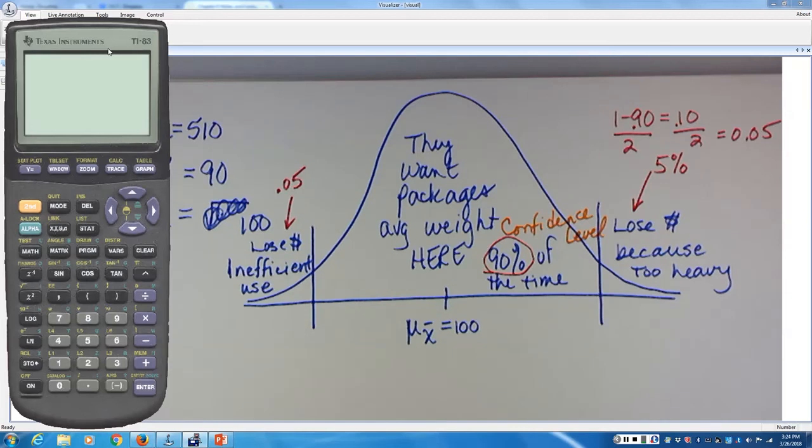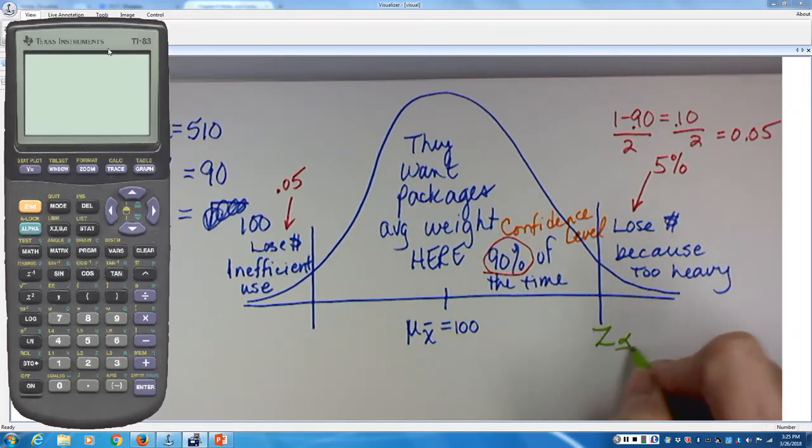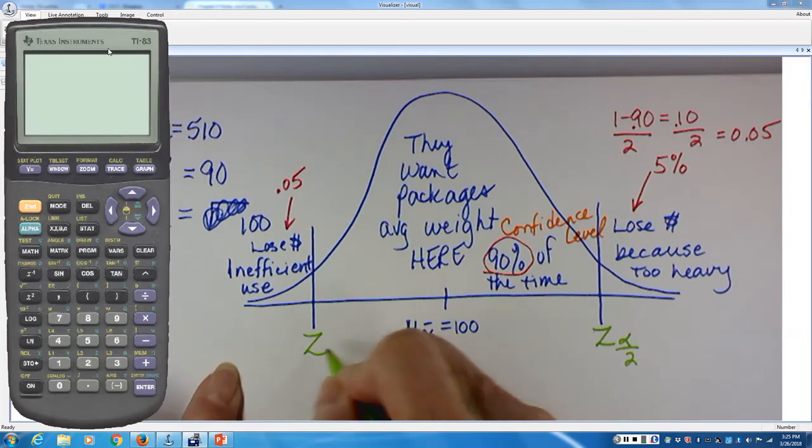And when I said something about Z alpha over 2, Z alpha over 2 is this value in terms of Z-scores.